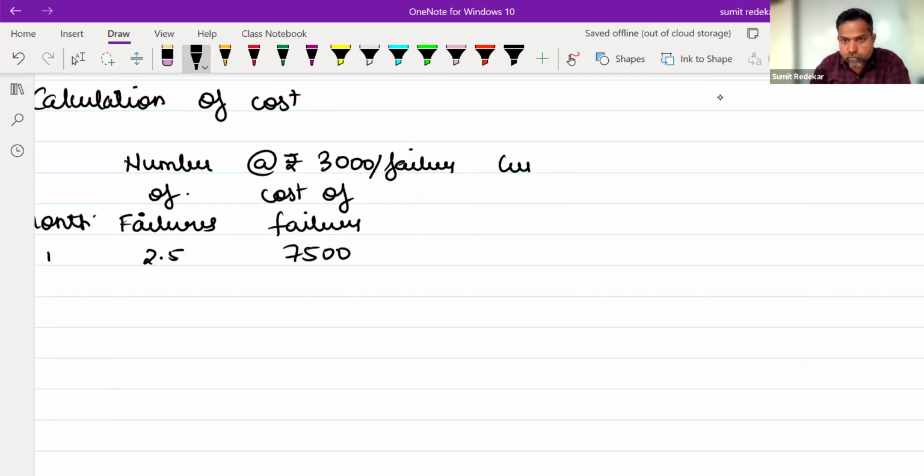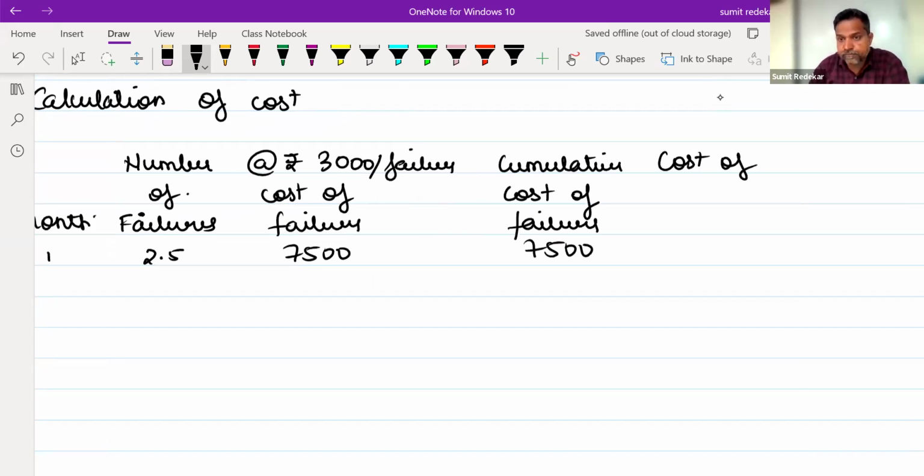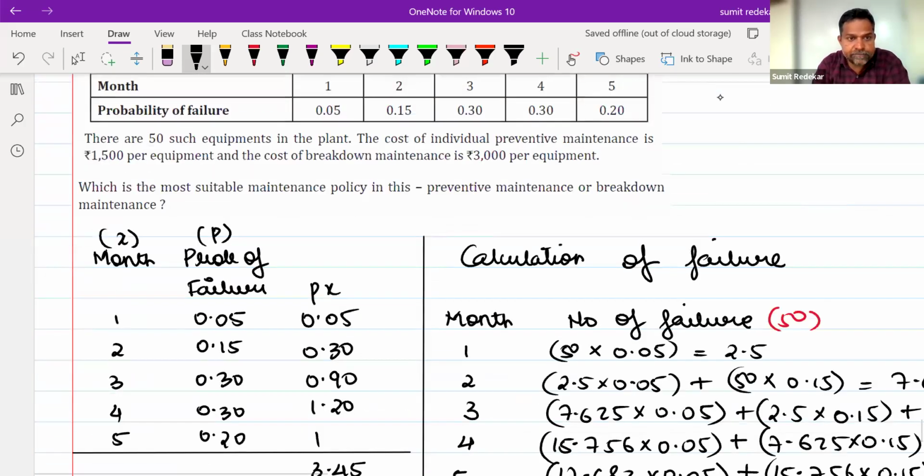Then you have the cumulative cost of failure. Then you have the cost of preventive maintenance. So at rupees 1,500 per equipment, right? Yes.